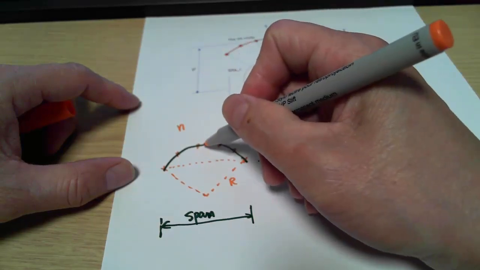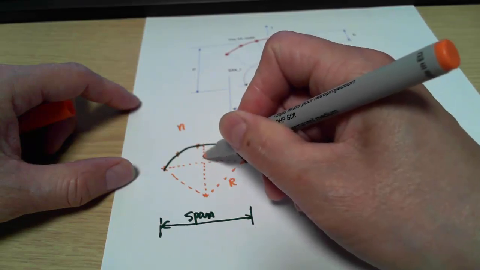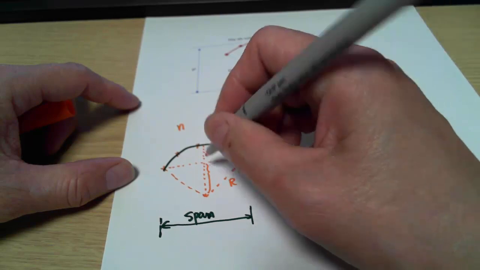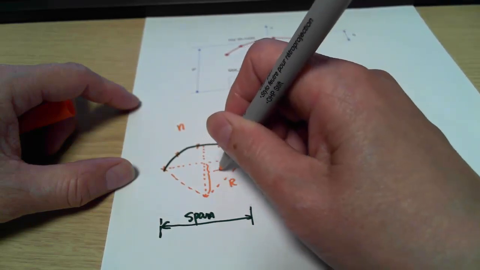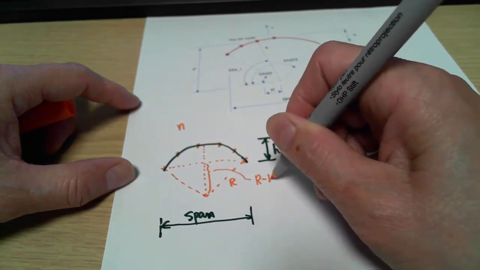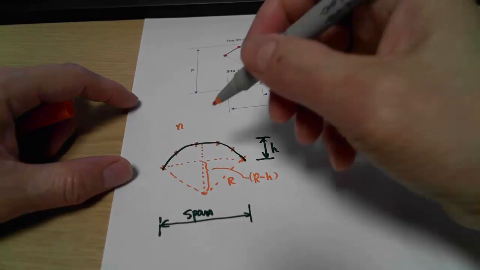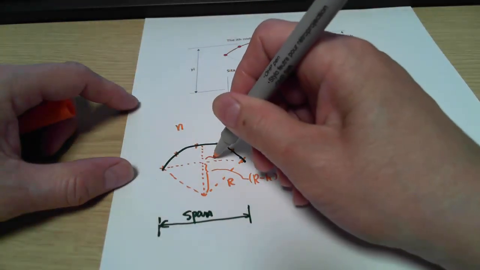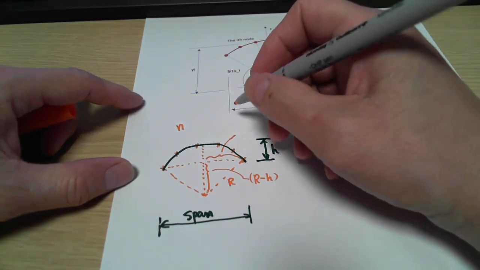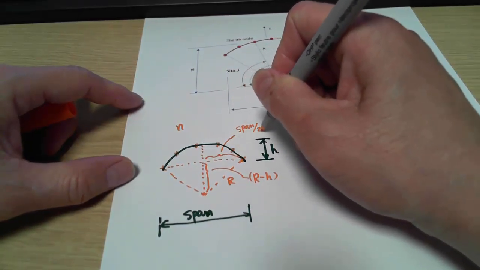So we will know that the distance of this segment here, let me mark it out, is r minus h. Am I right? So this is r minus h. And this half here should equal span divided by 2.